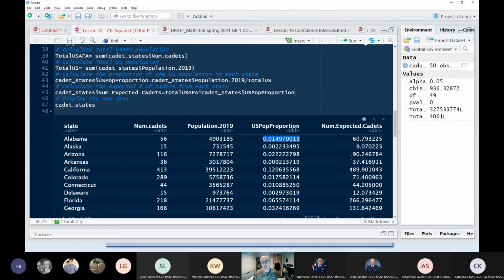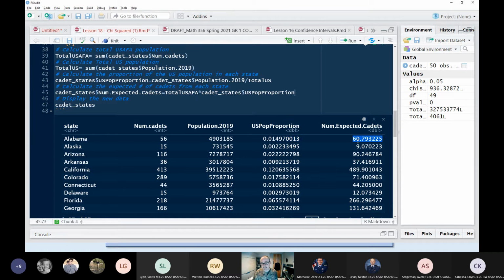And so then this final column, the number of expected cadets, that's saying, hey, 1.49% of the US population lives in Alabama. If the cadets were distributed in the same way that the US population is, then I would expect 1.49% of all USAFA cadets to be from Alabama.